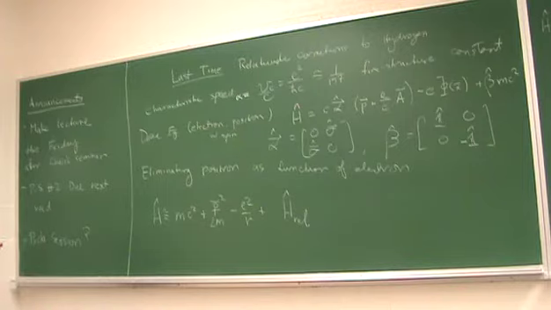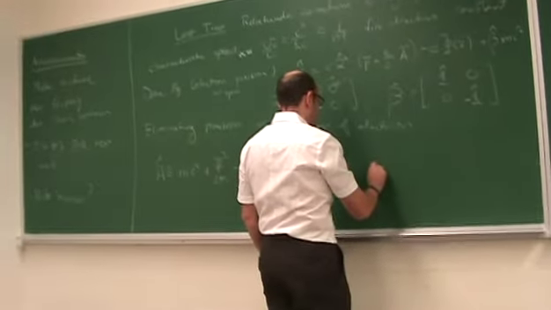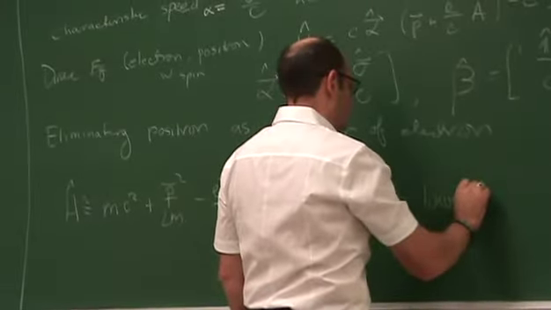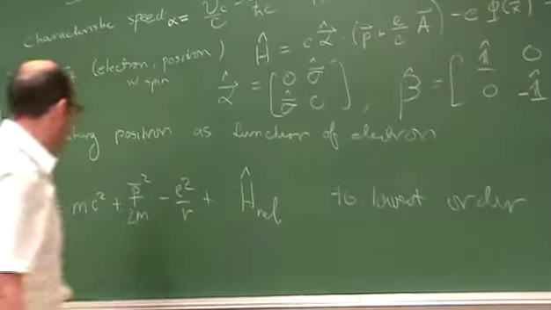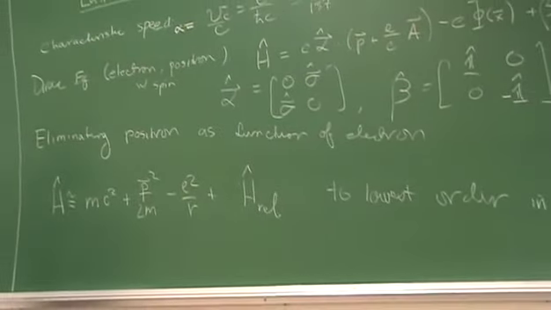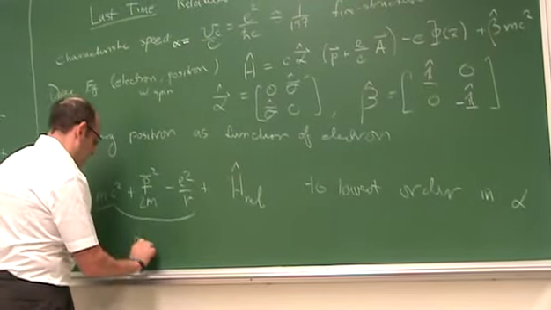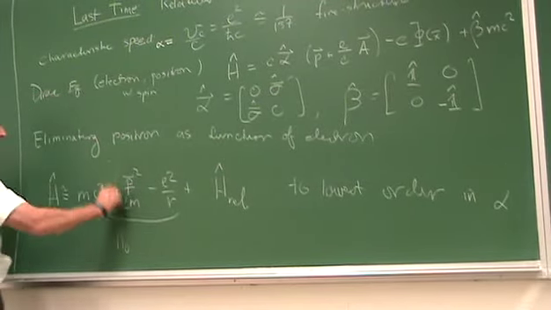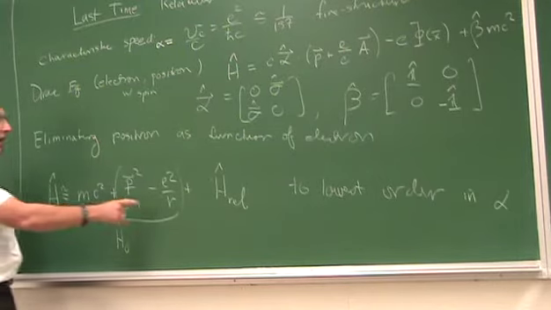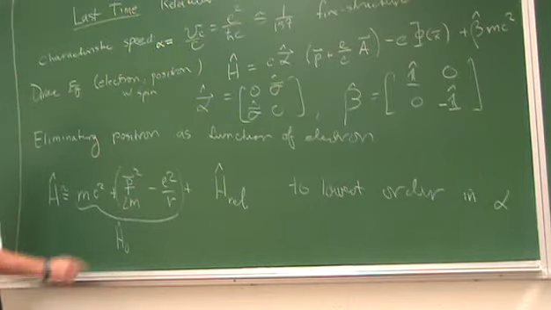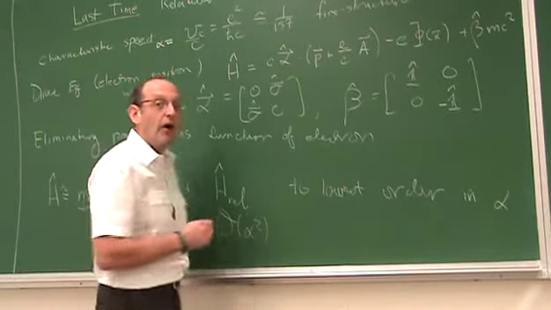And when one does that to lowest order in the fine structure constant, one sees the Hamiltonian being a zeroth order Hamiltonian involving the standard hydrogen Hamiltonian with the Coulomb potential, and then relativistic corrections of order alpha squared, as we argued they must be.